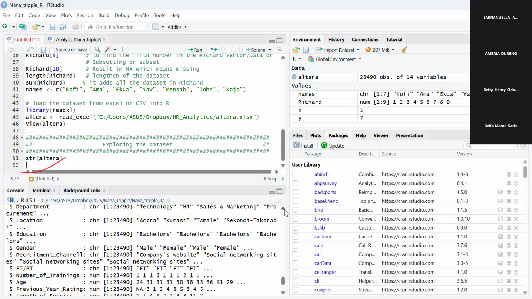The data pops up. It has done several analyses and has extracted some. It is telling you the structure of the data. This is what we call the structure of the data.